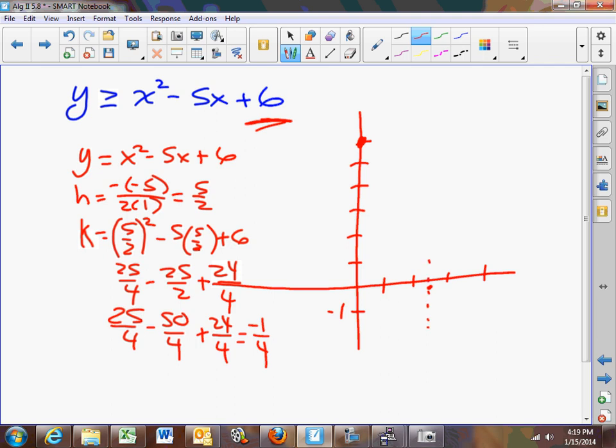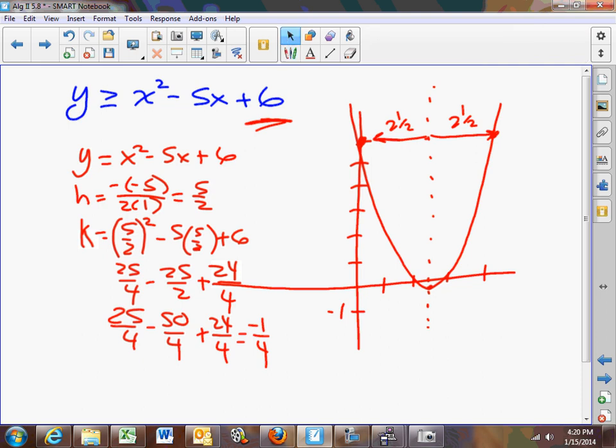And since we've got an axis of symmetry, 2.5 units to the left of the axis of symmetry, we're at 6. So 2.5 units to the right of the axis of symmetry, we would also be at 6. That probably will give us enough points to sketch in the graph. You could plot more if you wanted to, but that's pretty much what the parabola is going to look like.